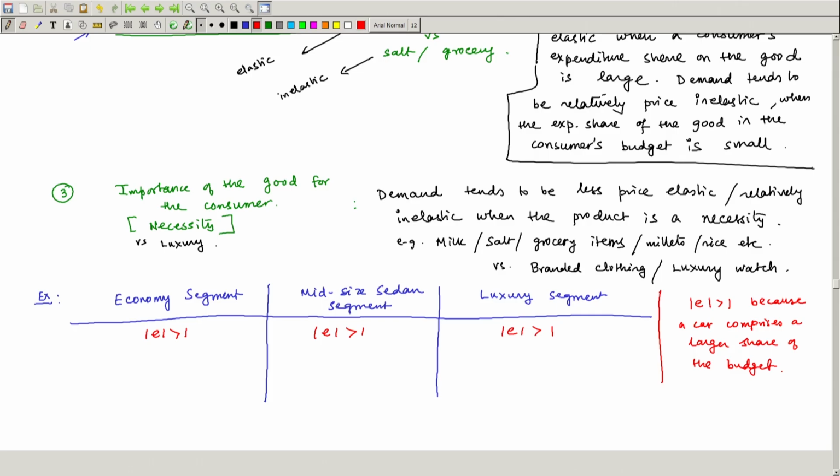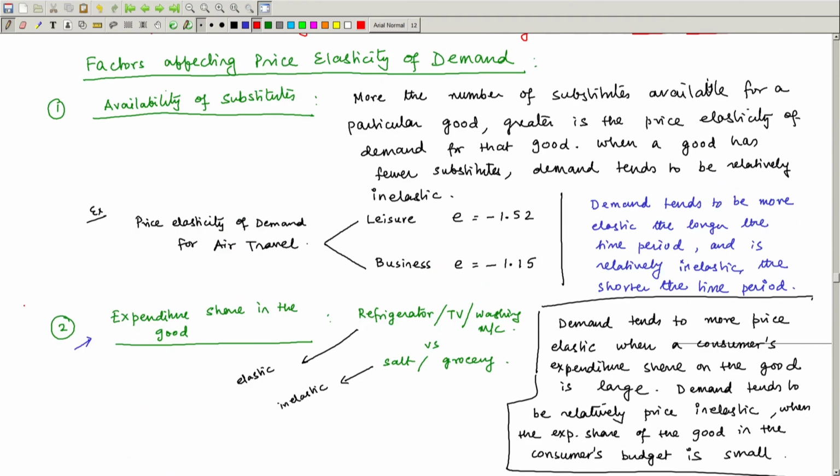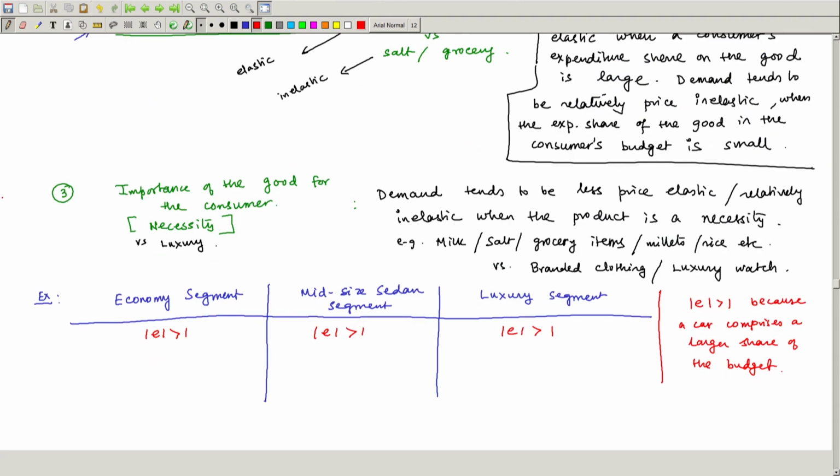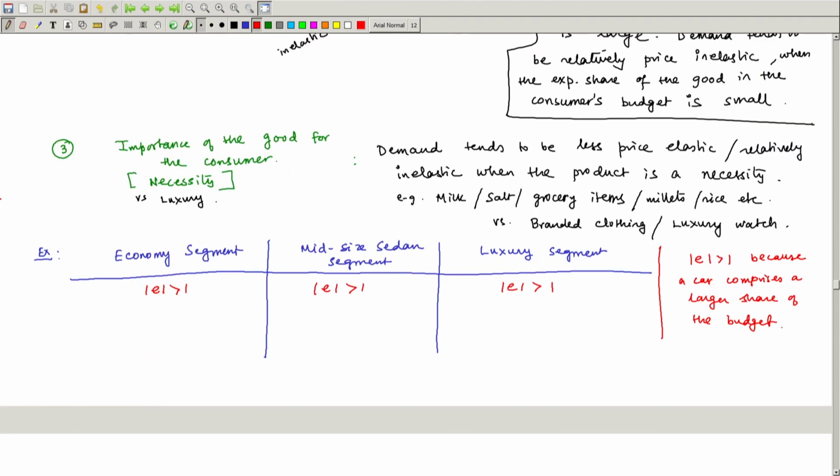So, notice I need to now think about availability of substitutes. More the substitutes available for a particular segment of a car, greater will be the price elasticity of demand. And notice between the three groups, the number of substitutes available will be more in the economy size segment.